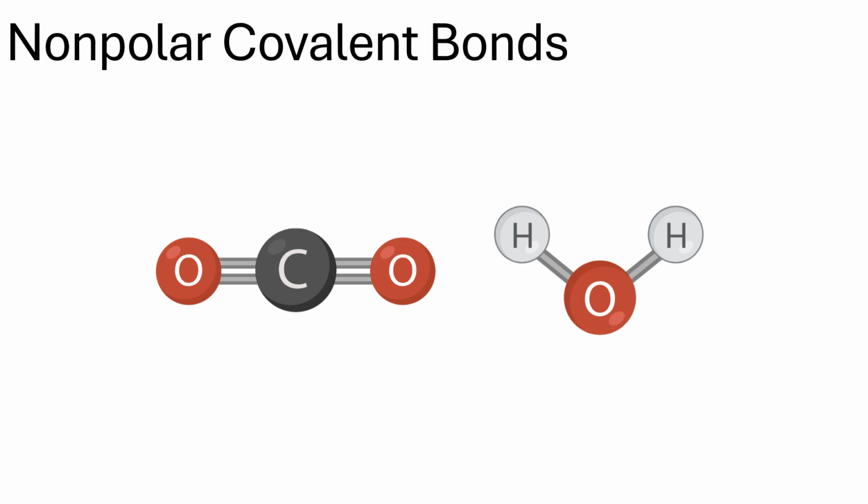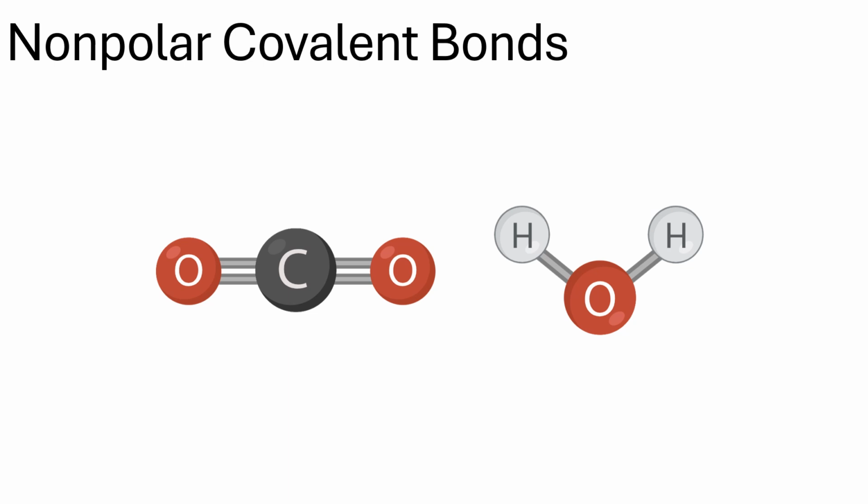Okay, so participants in covalent bonding can share their electrons equally. On the left, we have carbon dioxide, shaped like Princess Leia with her braid buns. Carbon is equally sharing its electrons with the oxygens. It's like, oh, okay, we can all share equally. Like, you can have one, I can have one, we're good.